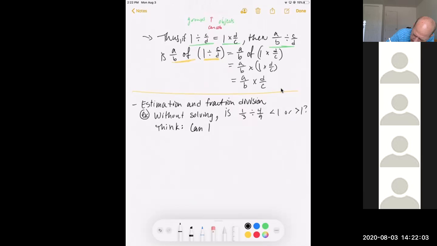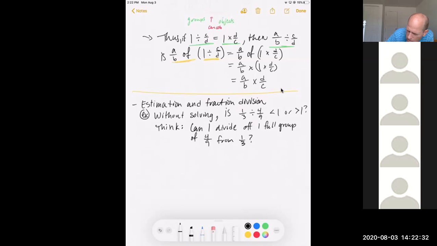So my thinking statement is, can I divide off one full group of 4/9 from my group of 1/3?